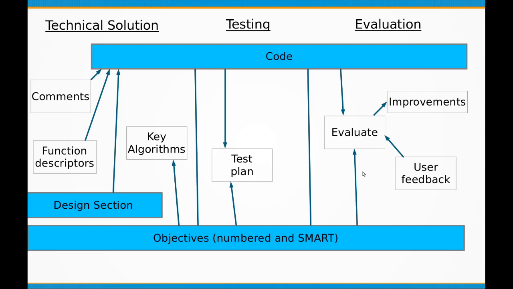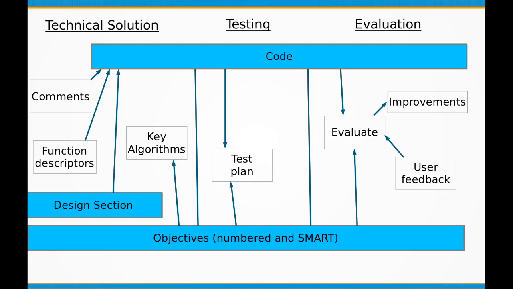Then you've got your evaluation. Again, your evaluation is taking your objectives. Go through each individual one. Has your program met the objectives? Get some user feedback. Again, really important. You're limiting yourself on marks if you don't go back to a user and say, hey, I've done it. What do you think?